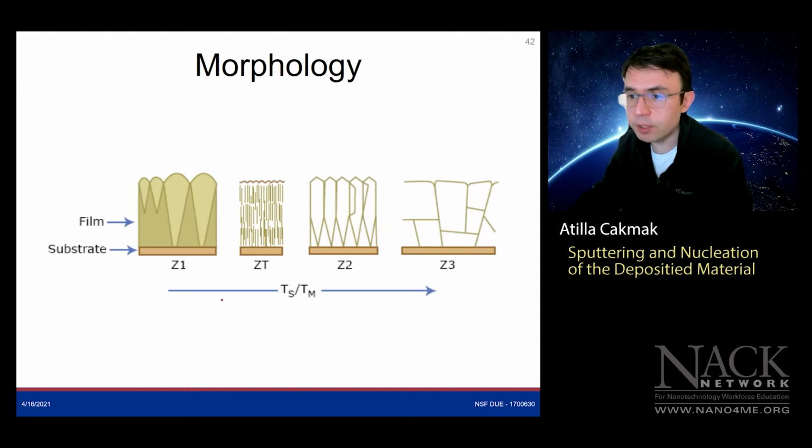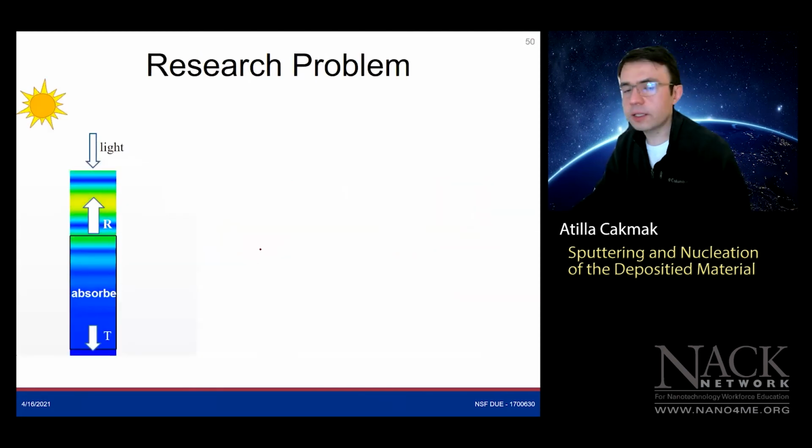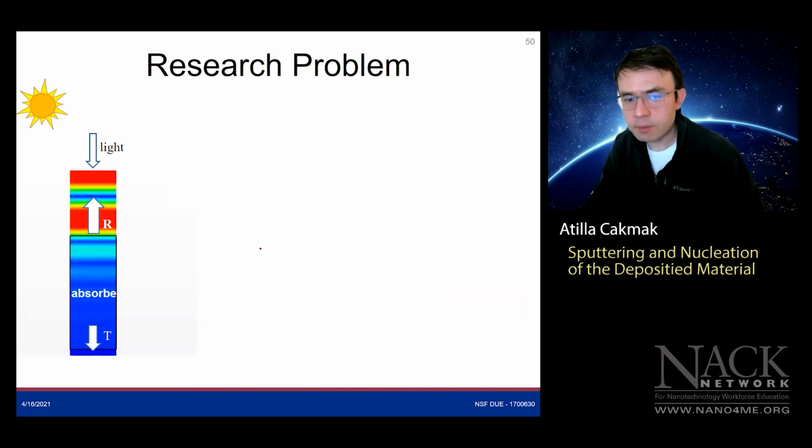So we might tune the temperature up and down, and based on our performance, we might end up with rough surfaces or smoother surfaces, like you can see here, and with larger grain boundaries or super small columnar boundaries, like shown here.